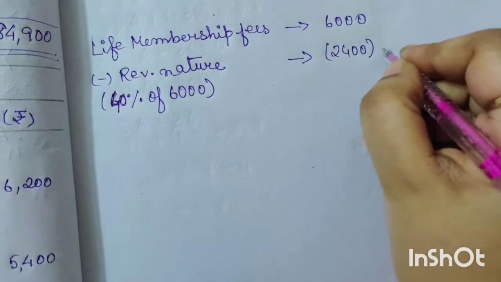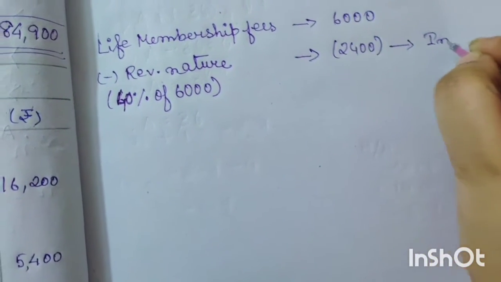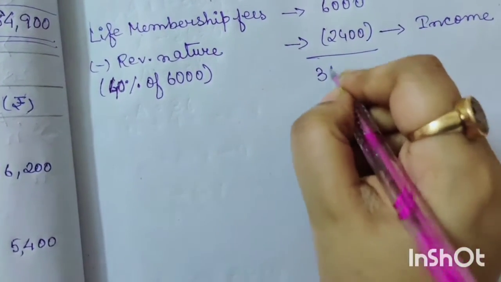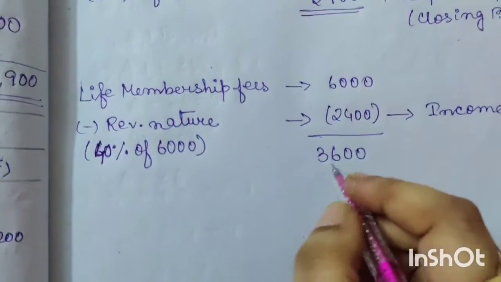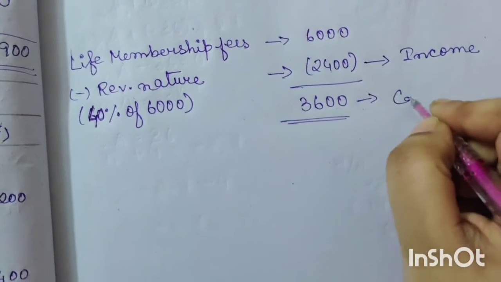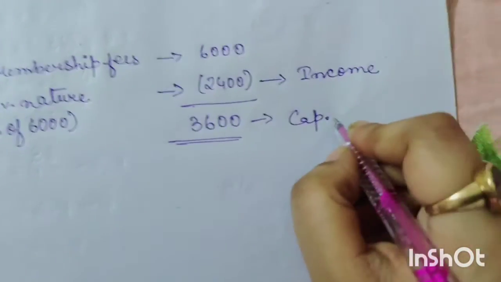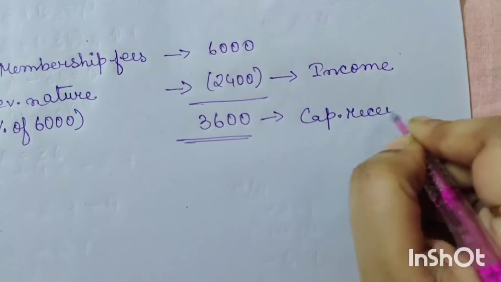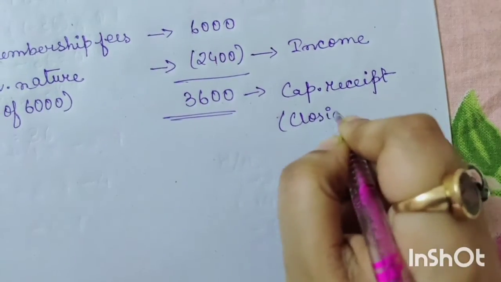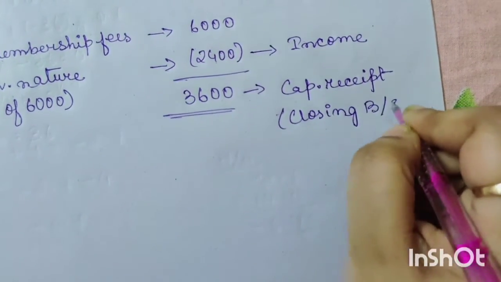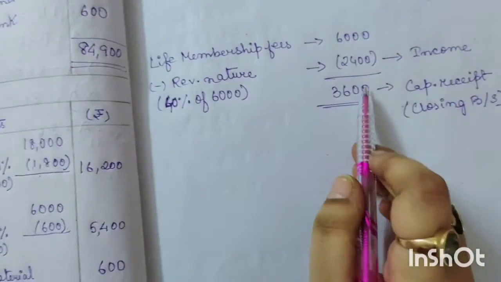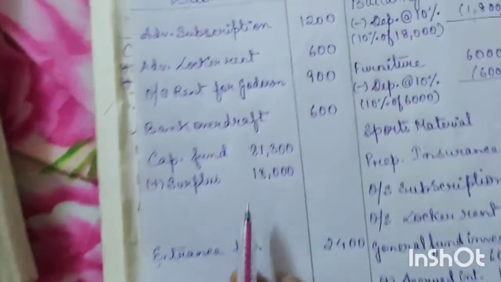Now this is of revenue nature, that means this will be treated as income. And how much is remaining? 3,600. This 3,600 will be treated as capital received, and ultimately it will go in the closing balance sheet.